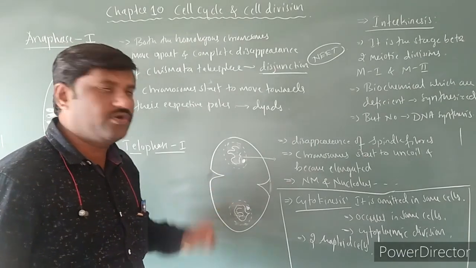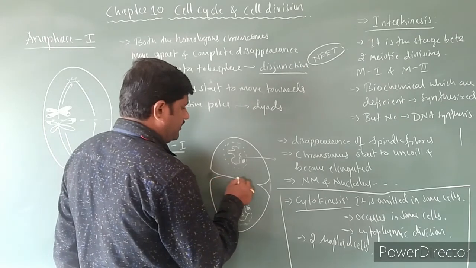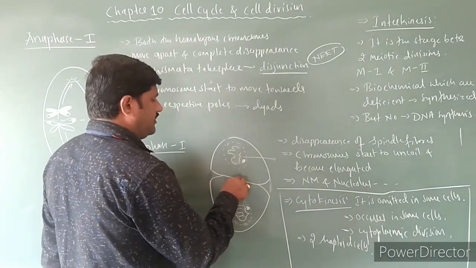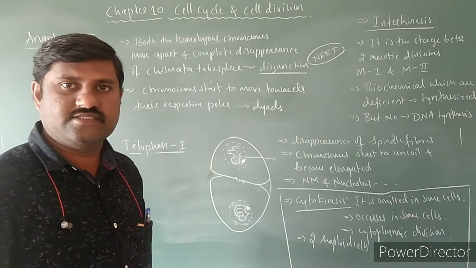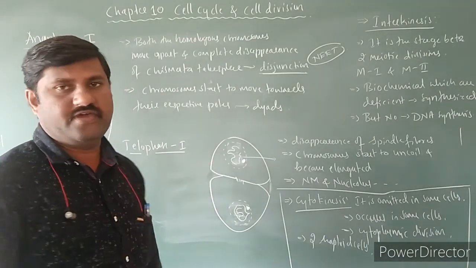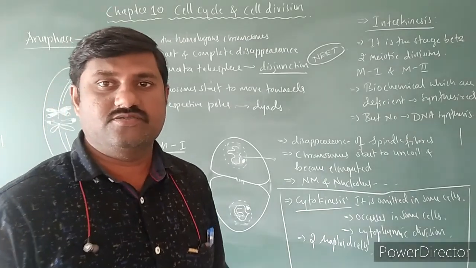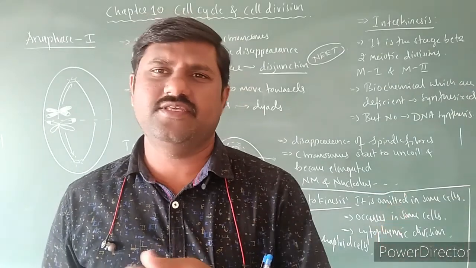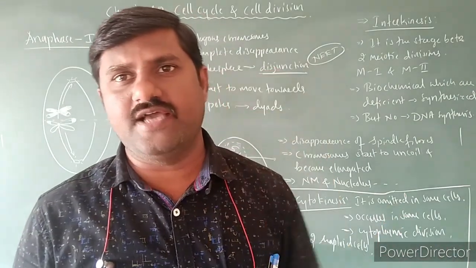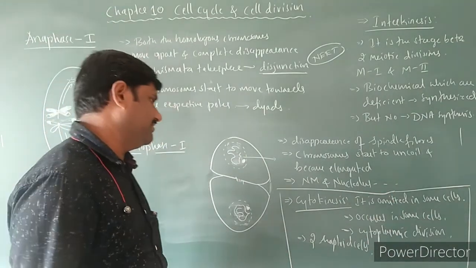A cleavage furrow is formed and continues over here, with deposition of materials. In plant cells, there is accumulation of spindle fibers at the central axis. It is quite natural, as in the cytokinesis of mitosis, right?